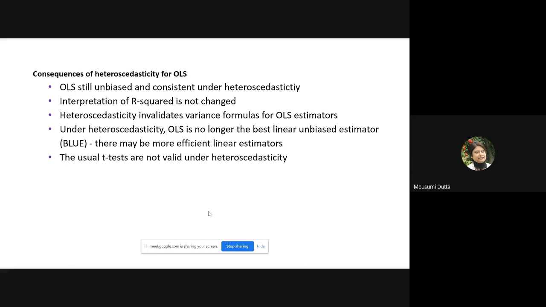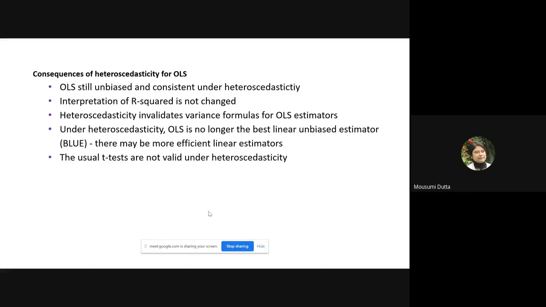Hope you are understanding the matter, because your estimated value is not BLUE. Your variance calculation is not the minimum variance, and therefore the t, which is beta hat divided by standard error of beta hat, will not be valid under heteroscedasticity because it will give you erroneous conclusions.